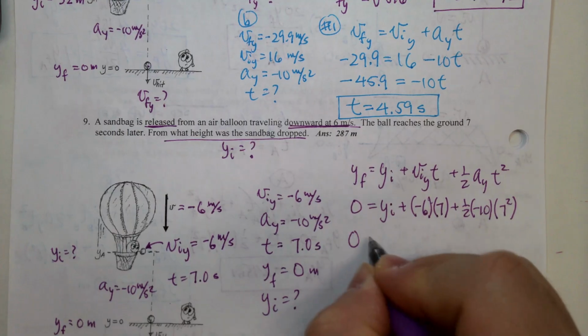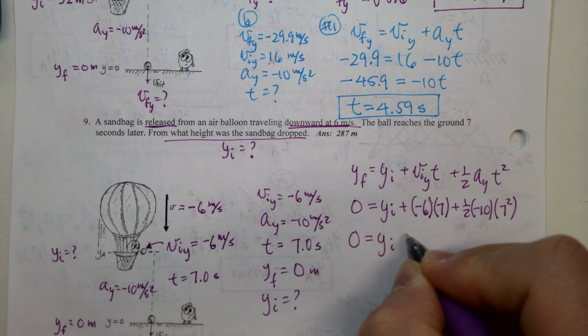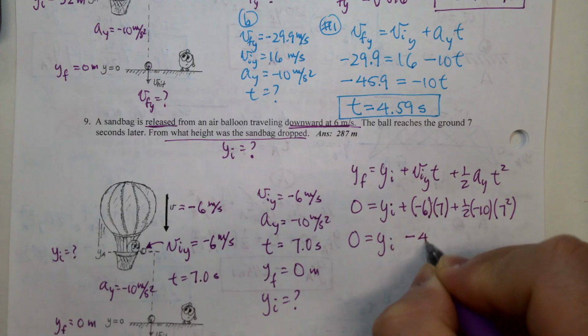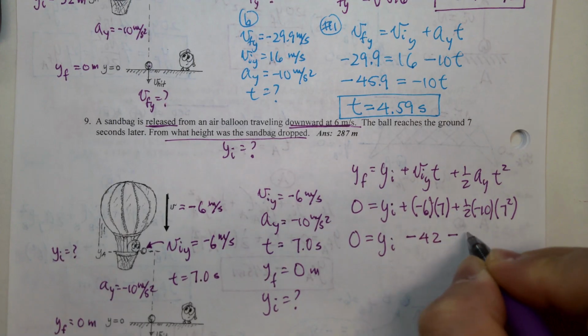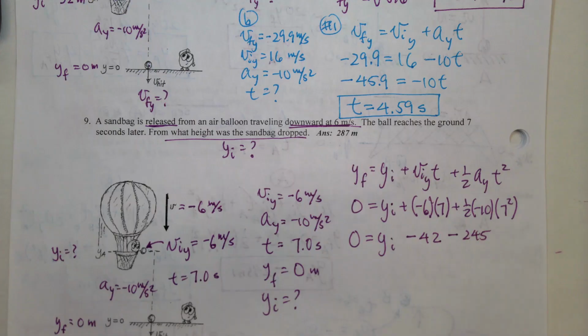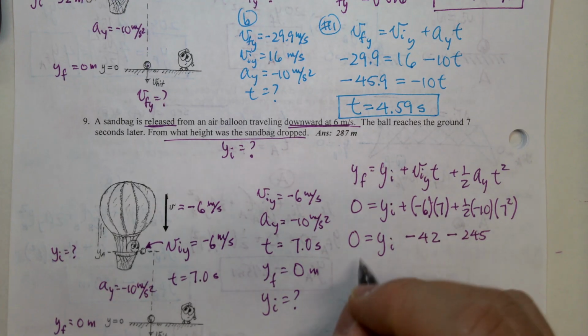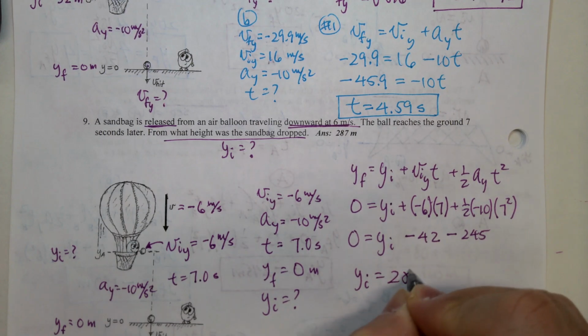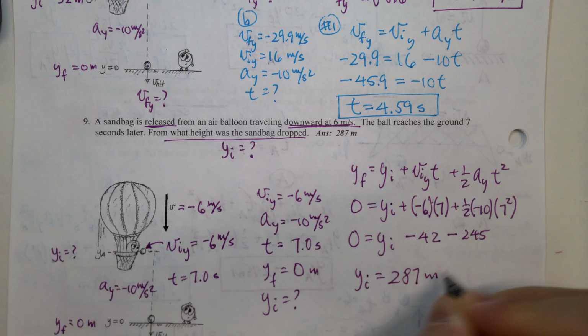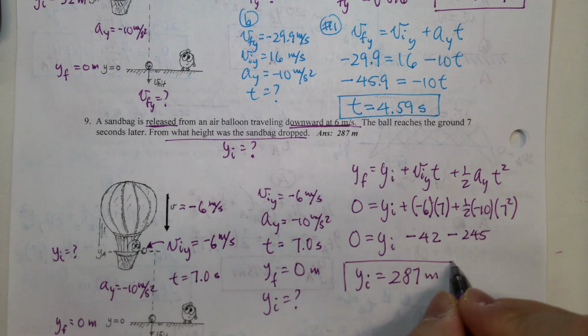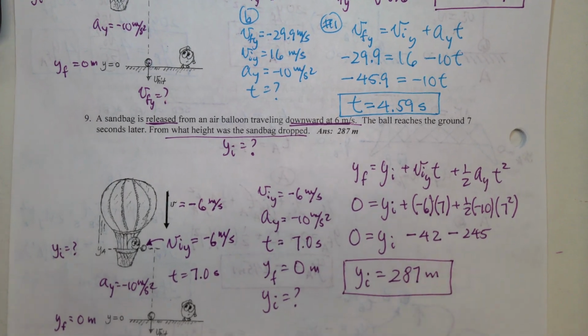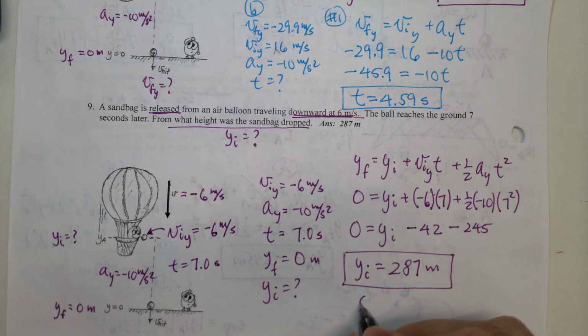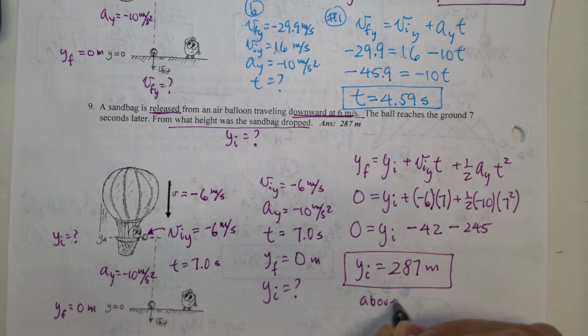So 0 is equal to my y initial minus 42 minus 245. So your y initial starting position happens to be 287 meters. And this 287 meters is measured from above the ground, right?